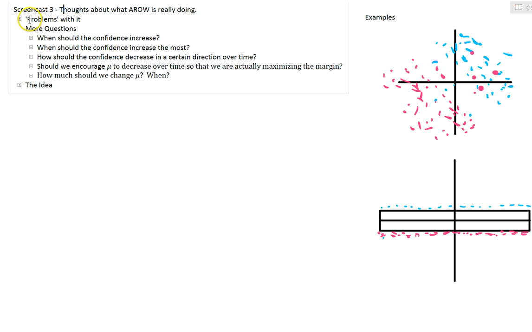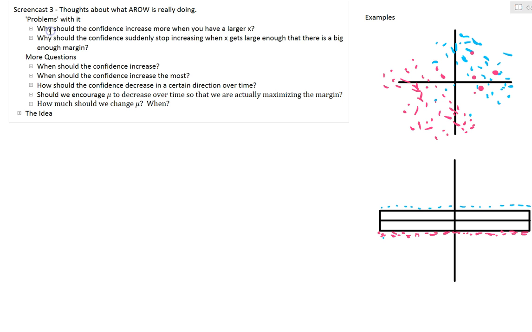So first of all, I want to go over what I'm calling problems here. I don't think they're actually problems, but they seem to be inconsistencies, or they look kind of fishy. First of all, why should the confidence increase more when you have a larger x?